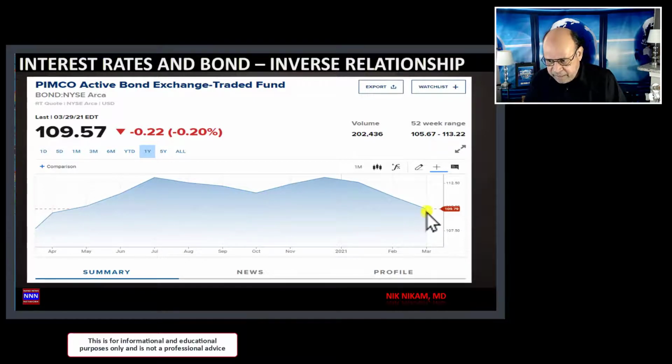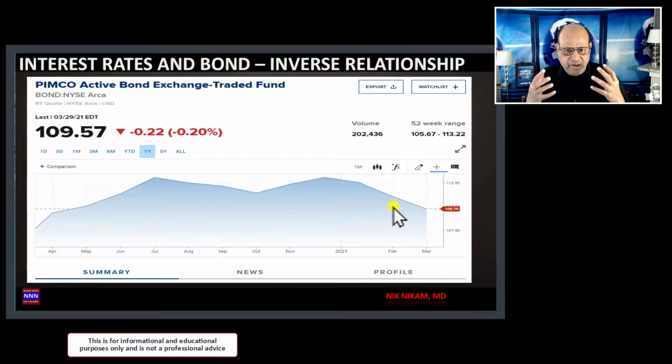And now back here in March, if you look at the top here, it was like 112, and this is 109. So there's a significant drop. The top was like 113.22. Today, the market price is 109.79. So there is a dramatic drop of almost 15% in the bond price from July 2020 to March 2021.